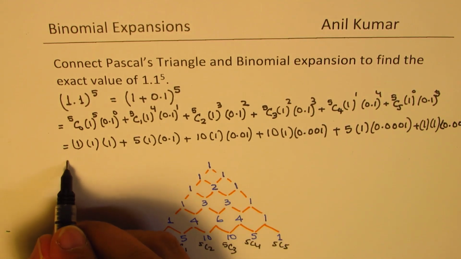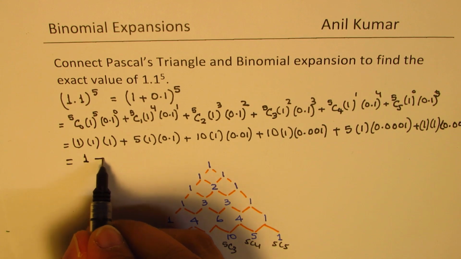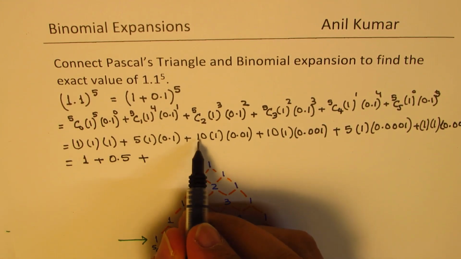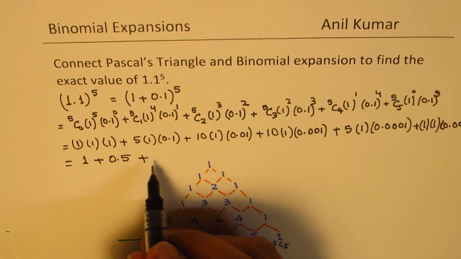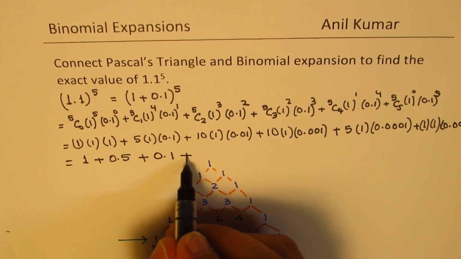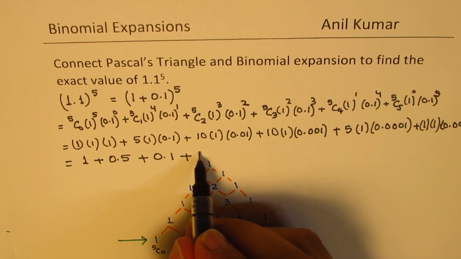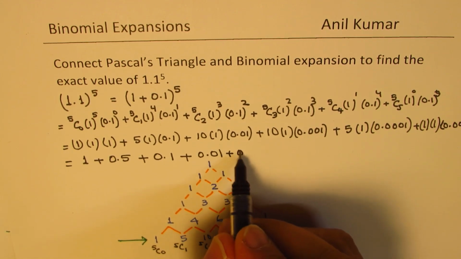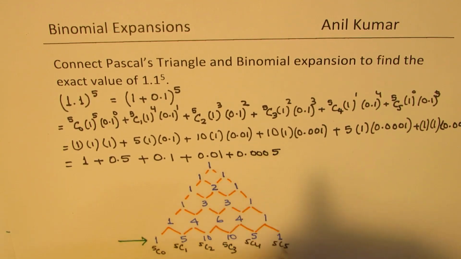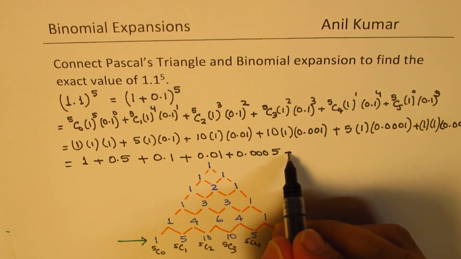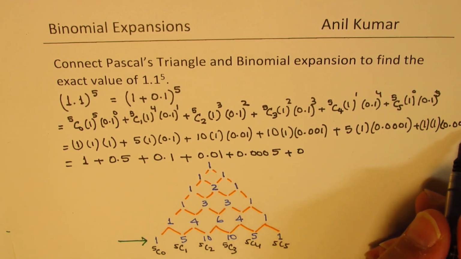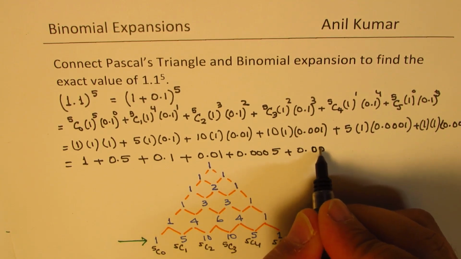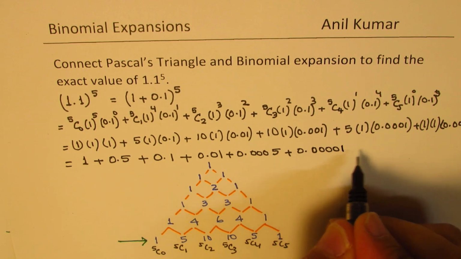Now when you expand this, what do you get? This is 1, plus 0.5, plus 10 times 0.1 gives 1, plus 10 times 0.01 gives 0.1, plus 5 times this gives 0.0005, and here it is just 0.00001, since the power is 5, so we get 4 zeros and 1, correct?